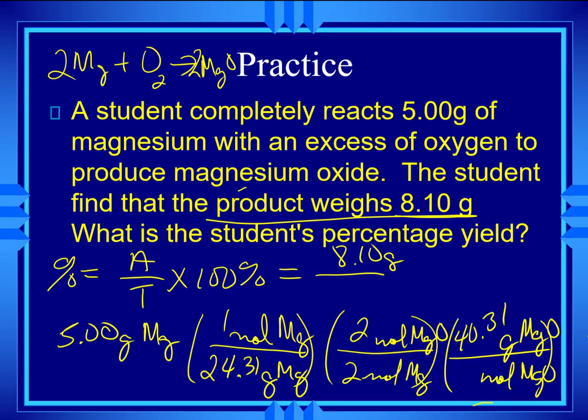So 5 divided by 24.31, I'm not pushing times 2 divided by 2, times 40.31 equals, I get 8.29 grams of MgO. And that is my theoretical yield.